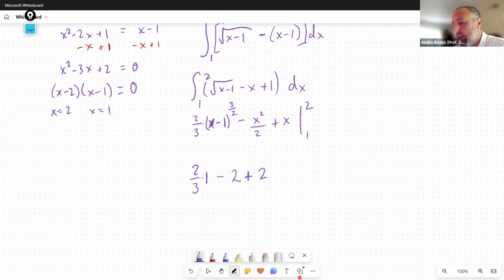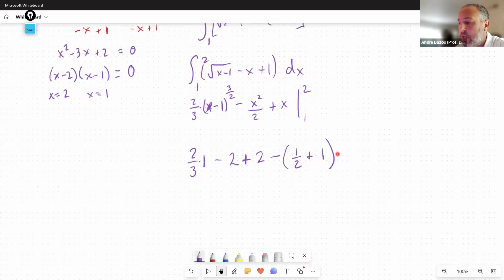All right. And then we're going to subtract off when we plug in 1. So if I plug in 1 for the first thing, I will get 1 minus 1, which is 0, times 2/3, which is 0. So then I get 1 squared is 1, over 2 is 1/2, plus 1.